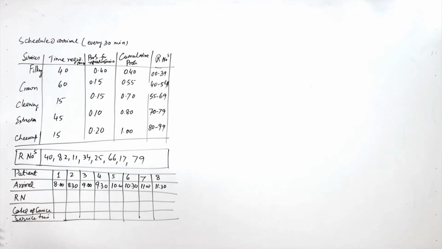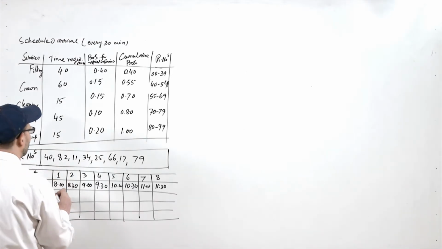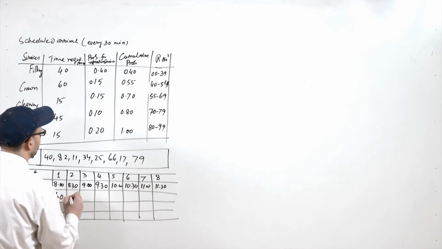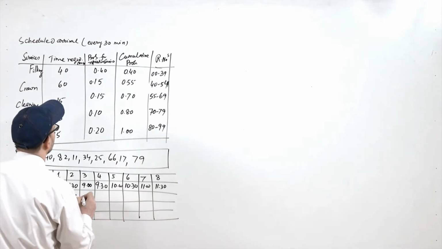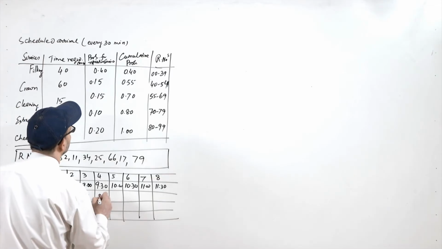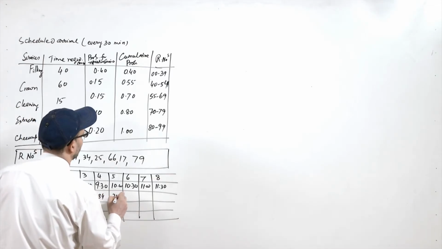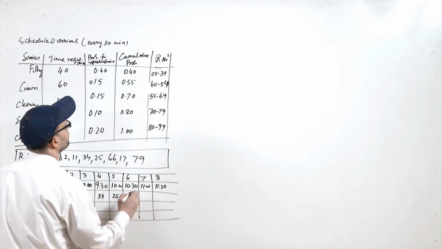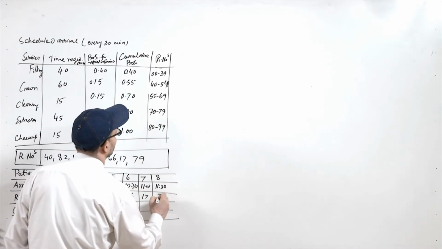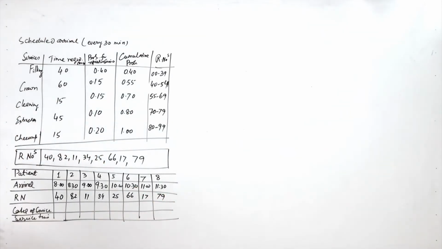Then the random numbers assigned are shown, which can be taken from the program: 40, 82, 11, 34, 25, 66, 17 and 79. So, these are the random numbers being put in.